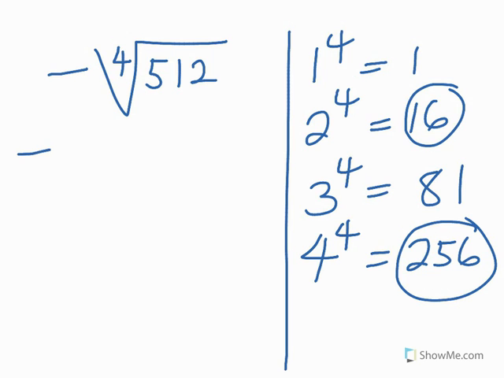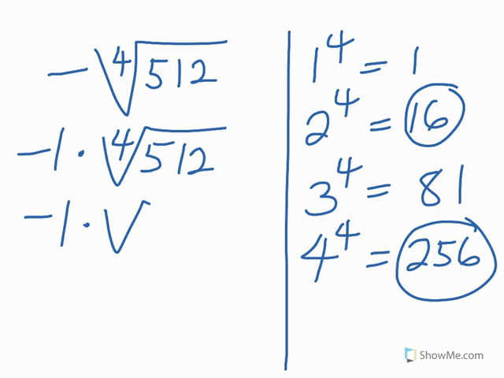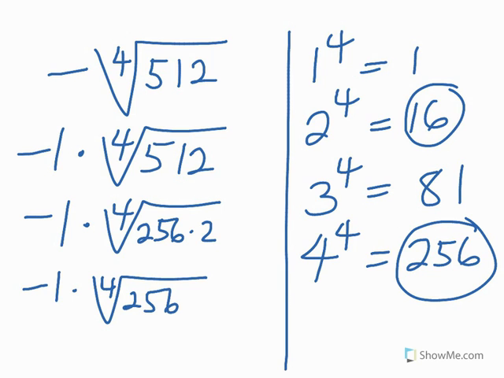So this will be -1 times 4th root of 512, which is -1 times 4th root of 256 times 2, which is -1 times 4th root of 256 times 4th root of 2. 4th root of 256 is 4, so the answer will be -4 4th root of 2.